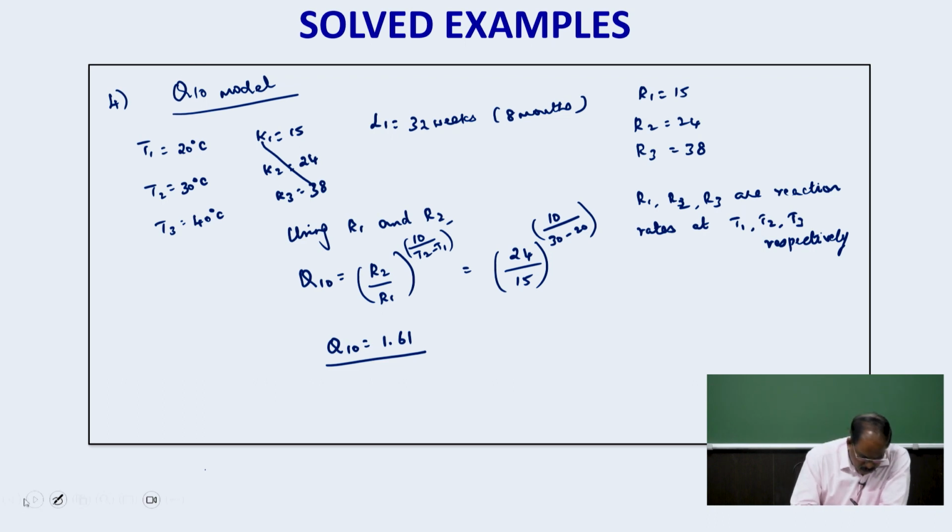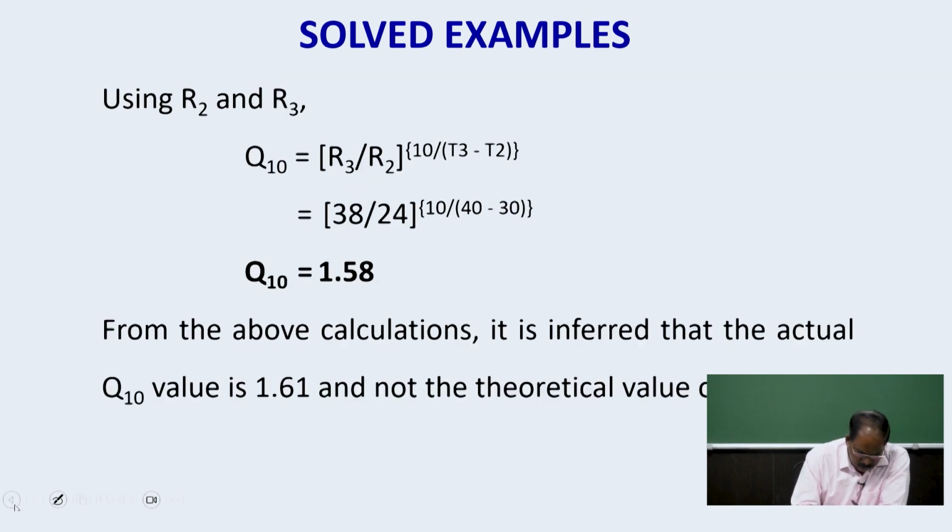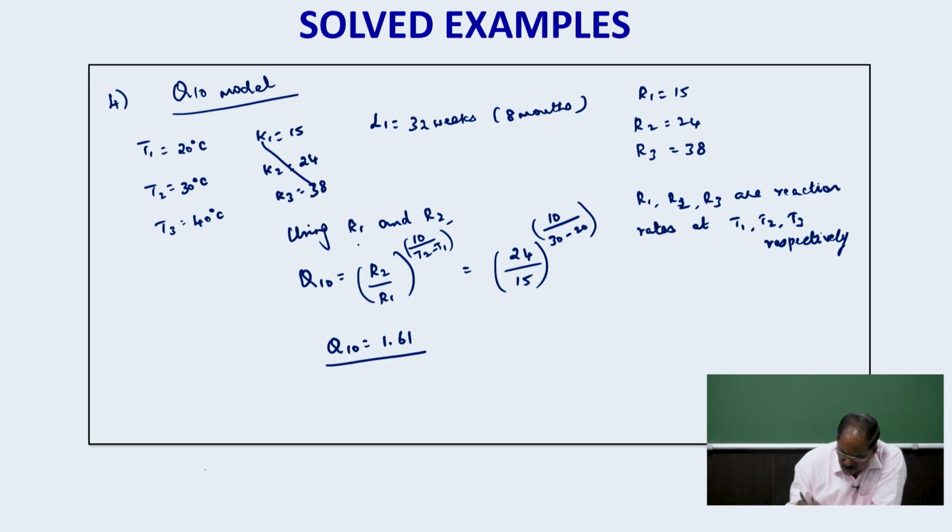Using R2 and R3, similarly, I will write another equation, where instead of T2 minus T1, I will write T3 minus T2. Using reaction rate R2 and R3, I will write a similar equation for Q10.